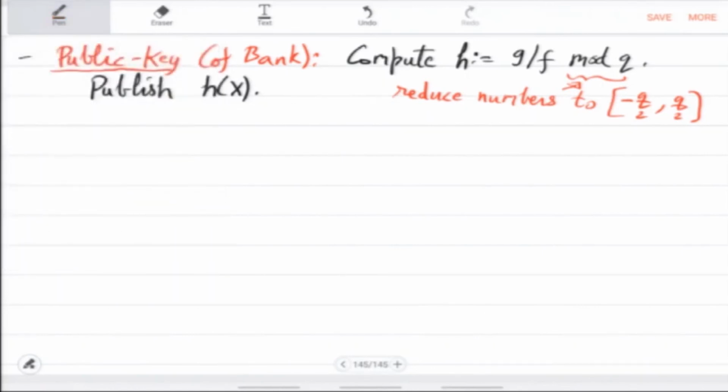Okay, so you have coefficients between minus q by 2 to plus q by 2. That's your h(x). The bank publishes it. Note that from h, it is not clear how to compute g or f, right? Because h is g by f, there are two unknowns. So from h, it is not clear how to find those two unknowns. So they seem to be still a secret.